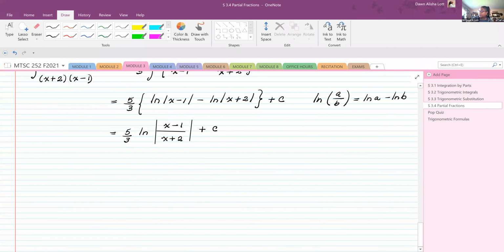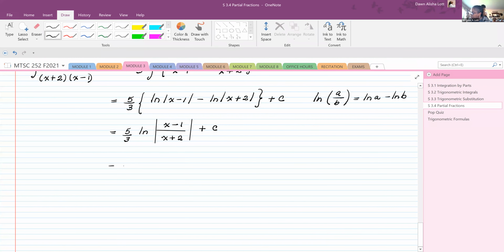And I can even go further if I want to make it the natural log of the absolute value of x minus 1 over x plus 2, to the 5/3, plus c. But if you get here, your answer is correct.